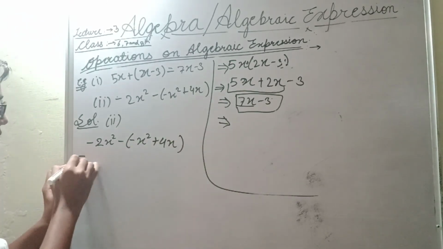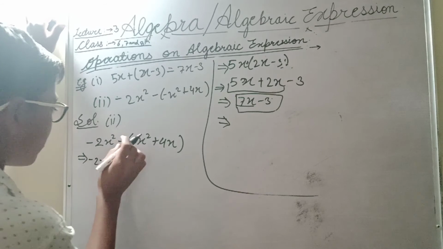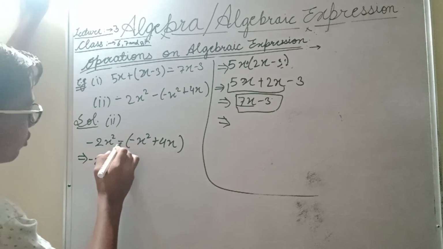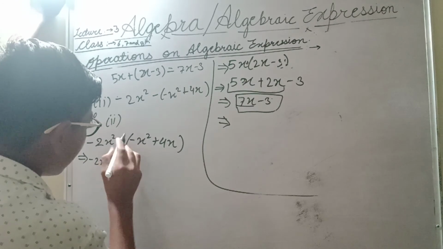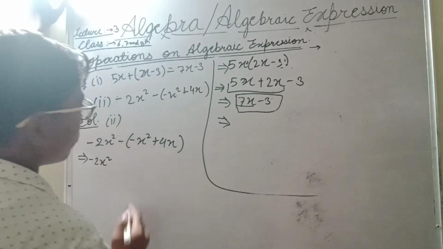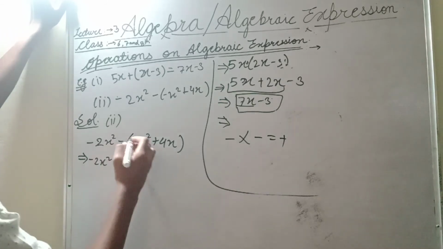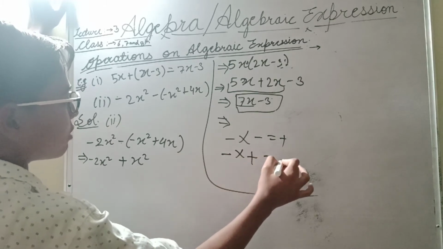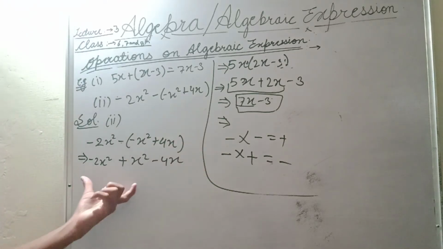Now there is a minus before the bracket, so we multiply the bracket by minus. Minus into minus equals plus, so we get plus x square, and minus into plus equals minus, so minus 4x. The sign has changed here.